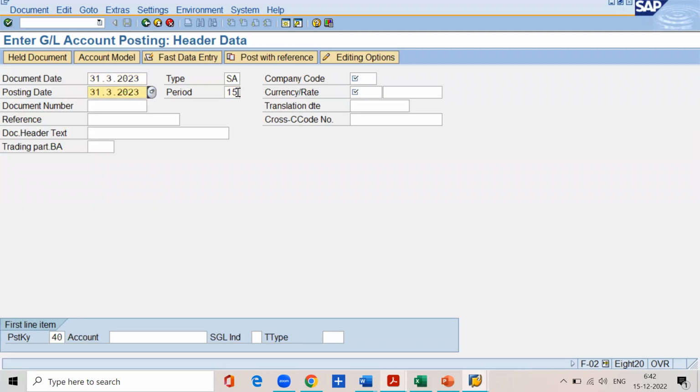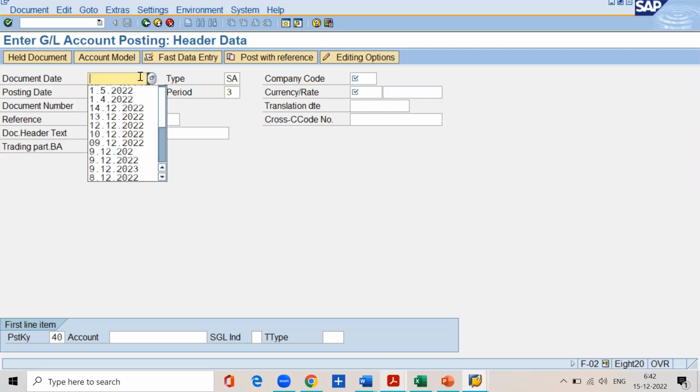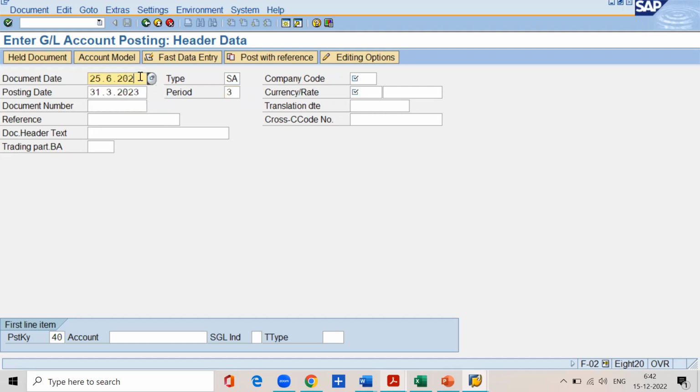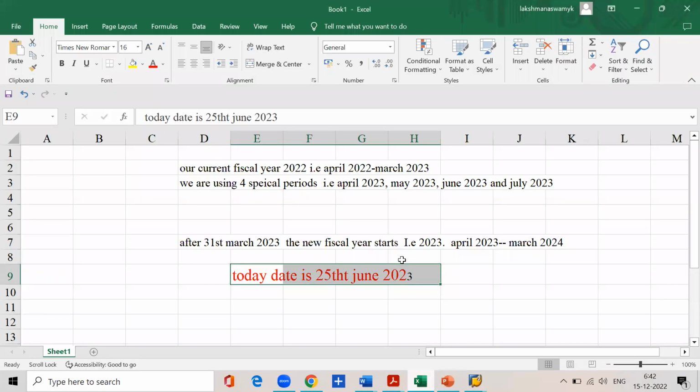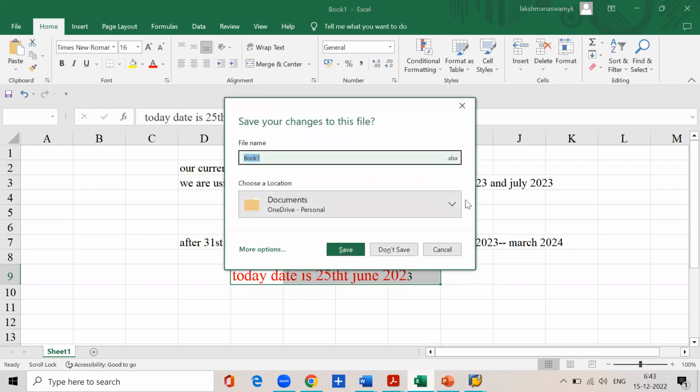Suppose it is a business transaction related to the current year, you enter the period number 3, then you enter the current date, like 25 June 2023. But what is document date and all these things, don't worry, we will explain later. That's how, with the help of the period number entered by the user, the system understands whether that business transaction is related to the previous year as an adjustment or to the current year. Clear? This point I forgot to explain yesterday.